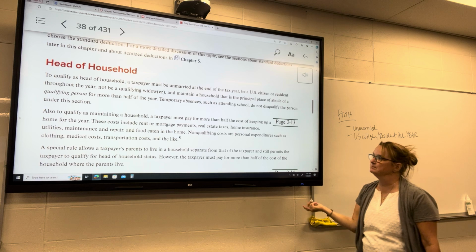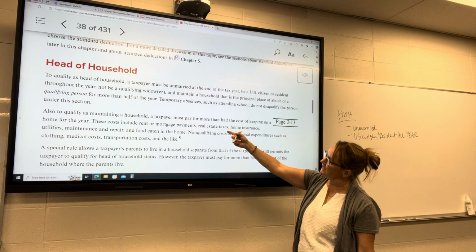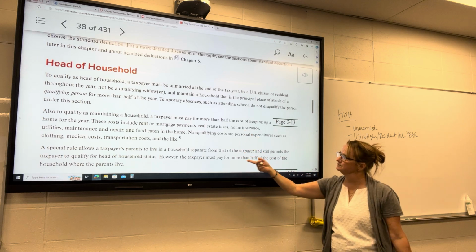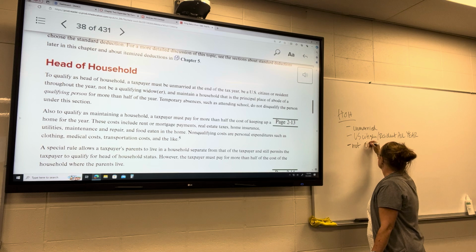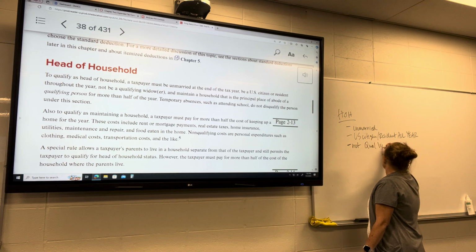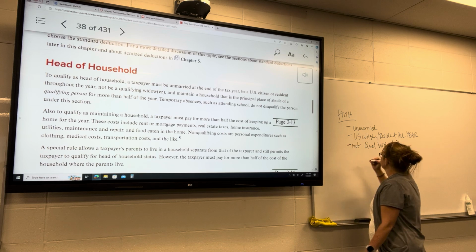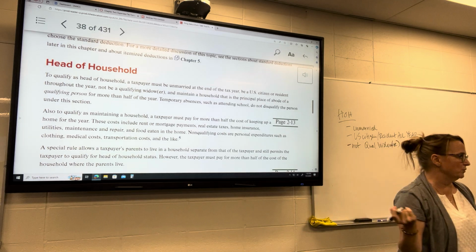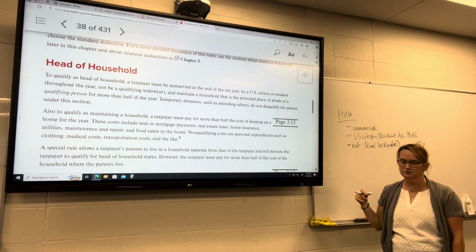You can't have become a citizen or resident during the year. You are not a qualifying widow or widower. If you were a qualifying widow or widower, you'd want that filing status anyway because you get more advantages than head of household.